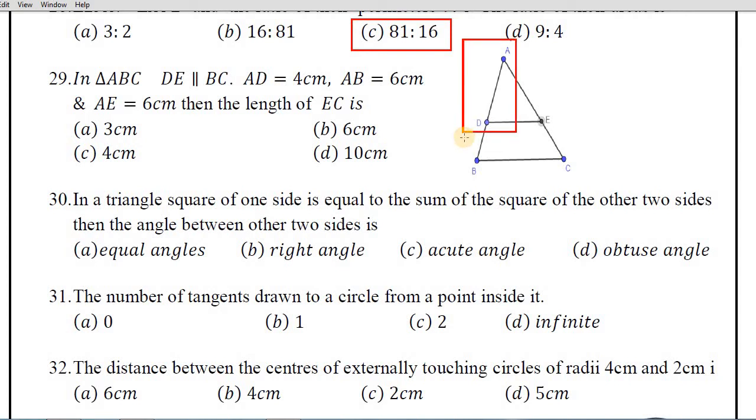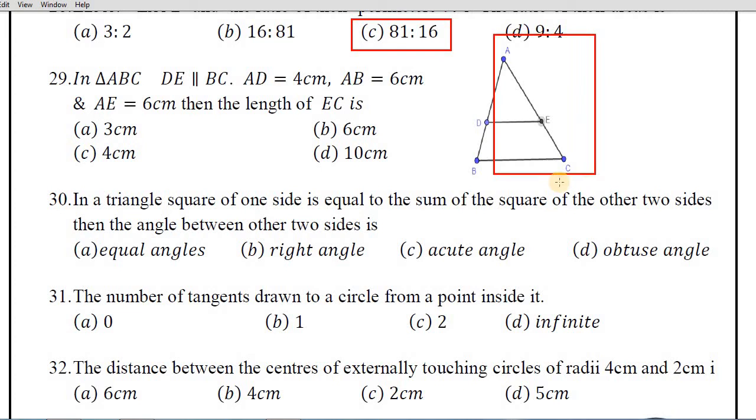And later on, AE is given. See, this is given. AE is given as 6 centimeter. But they are asking to find EC. EC you cannot find by using the corollary of BPT. By using the corollary of BPT, you can find AC. Yes, exactly. You wanted to find AC first. AC, how much will you get?